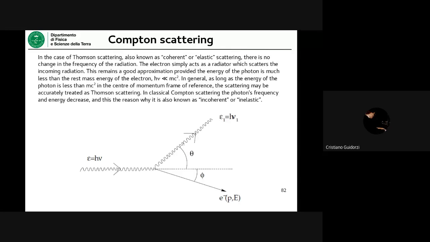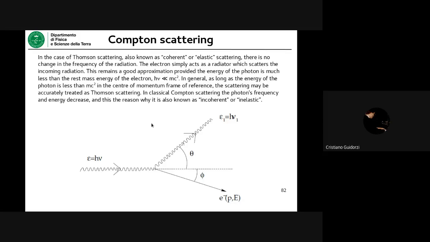At variance with what we saw when we talked about Thomson scattering, the novelty here is that the energy of the photons, which I denoted with epsilon h nu, is no more negligible with respect to the rest energy of the electron, which, if you remember, was the assumption that we made for Thomson scattering.